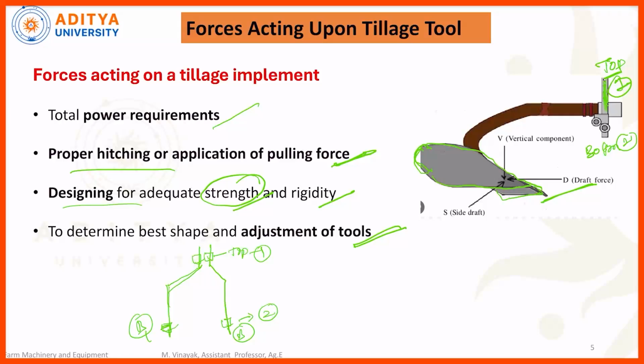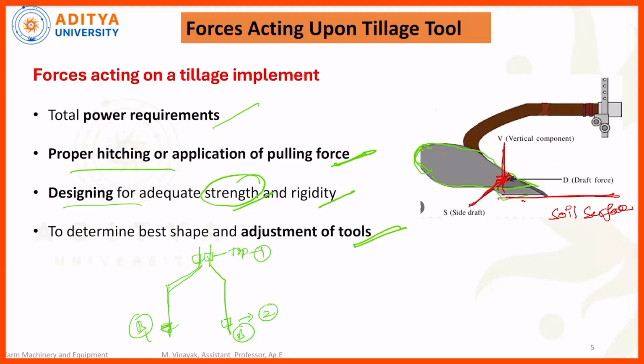Suppose here we can see the diagram. This one is a moldboard plow. Due to gravity, the entire weight acts on the soil surface. Here I am drawing the soil surface. Some side draft also acts in this direction.